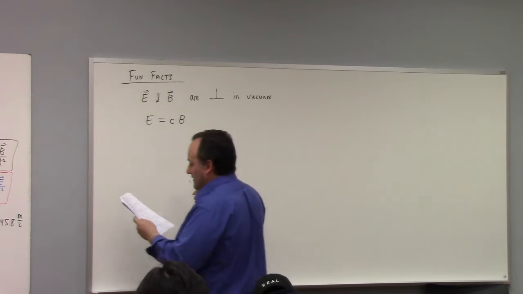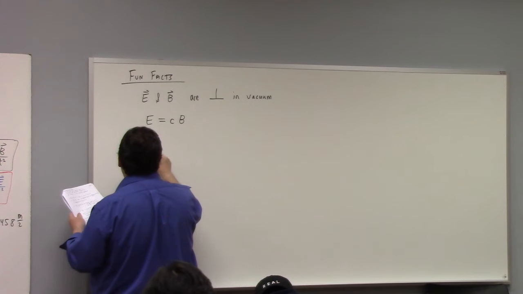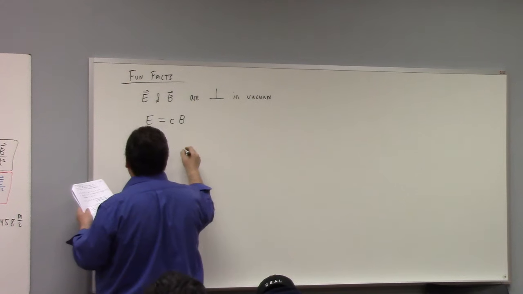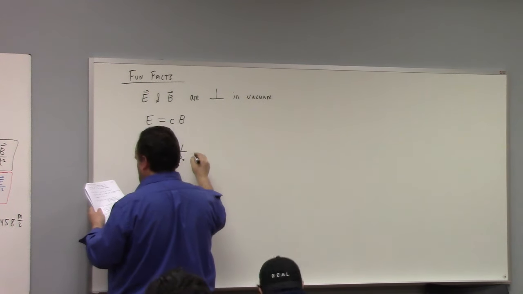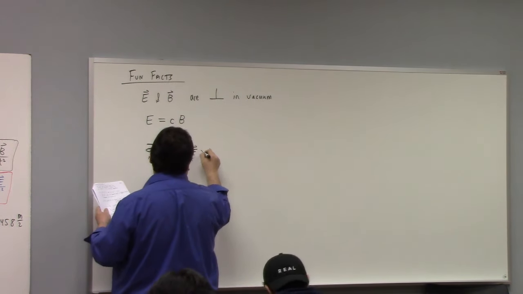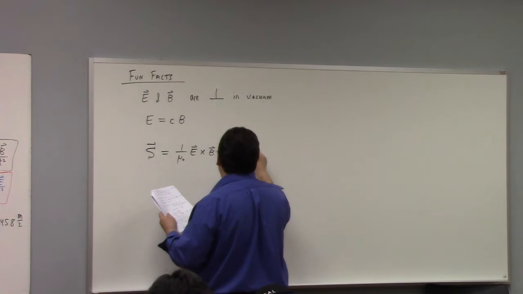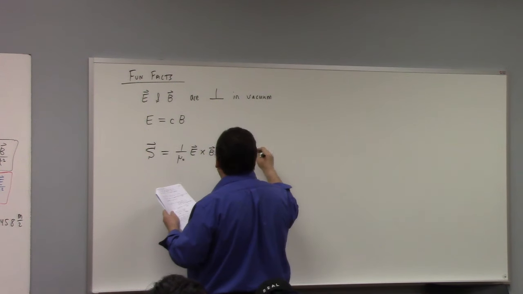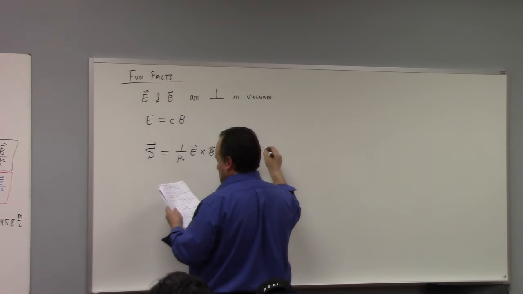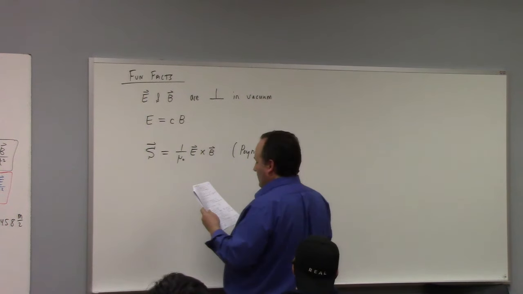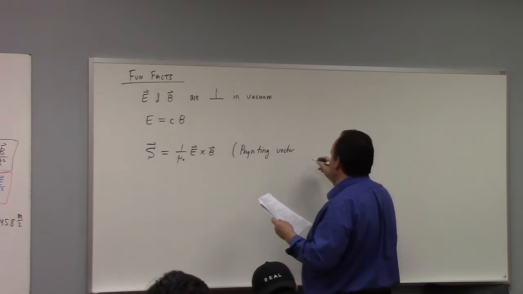Here's something more interesting that I sometimes test on. You can define something called S, which is 1 over mu naught E cross B. This is the so-called Poynting vector, P-O-Y-N-T-I-N-G. It points in the direction the electromagnetic wave is going.